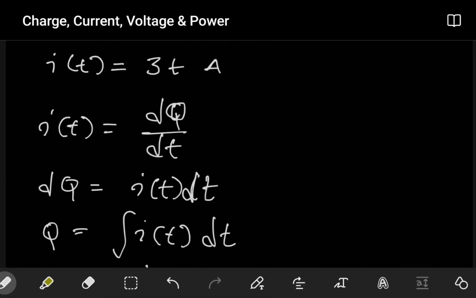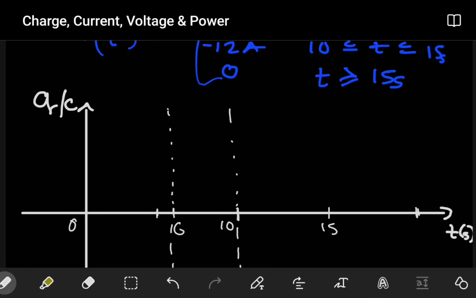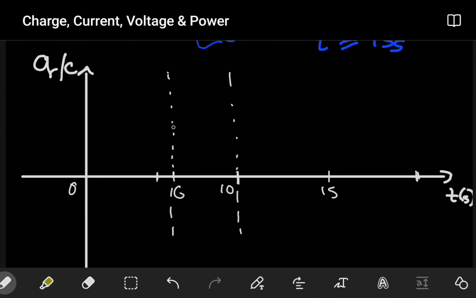So at the boundary, we know to say when time is equal to 6 seconds, then the charge will be 54 coulombs.